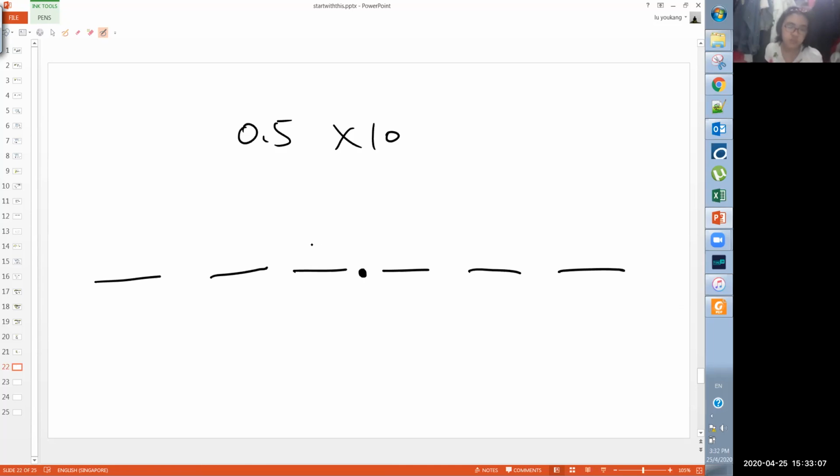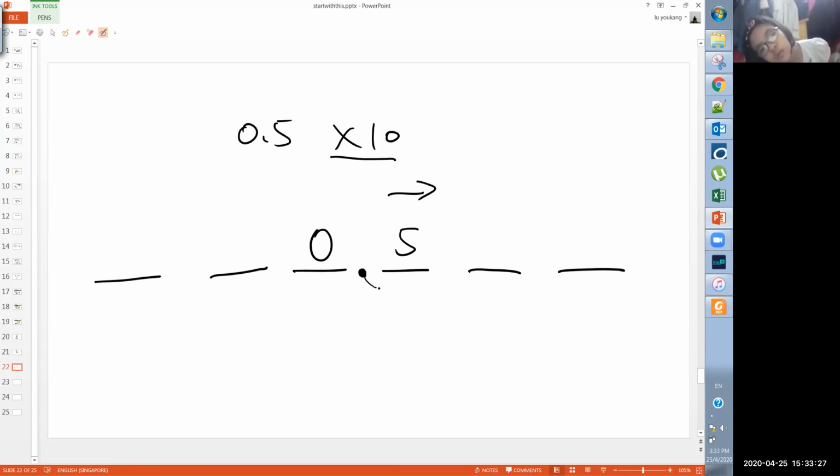So you have 0.5, right? Fill it in first. So times 10 means you move to which side? To the right. Very good. Move to the right hand side by one place.